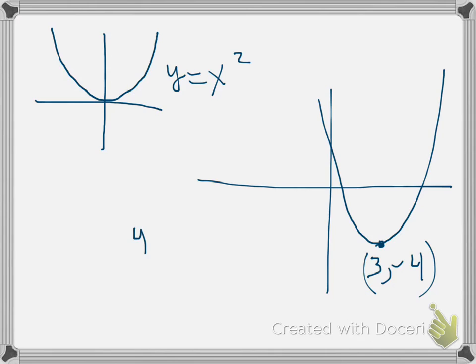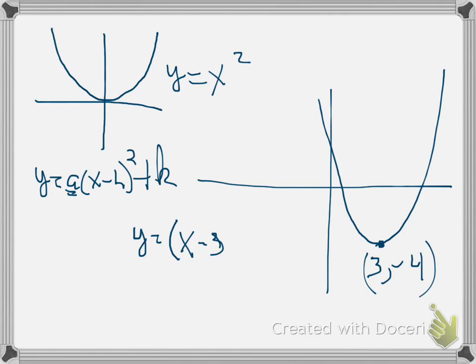Well, we know that y equals a times x minus h squared plus k. And well, the shape of the parabola hasn't changed. It might look like it did in my drawing, but that's just because I'm a poor artist. But a is going to equal 1. And h, of course, is the x-coordinate of the vertex, so this is x minus 3.